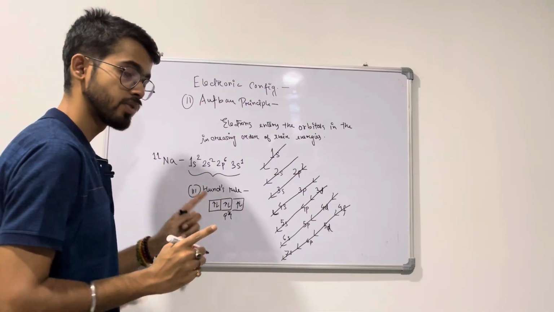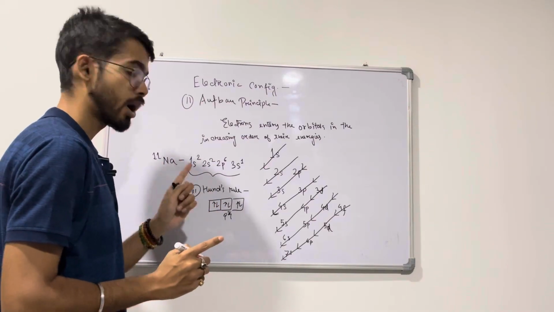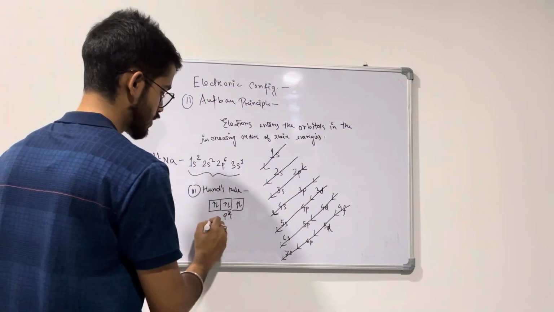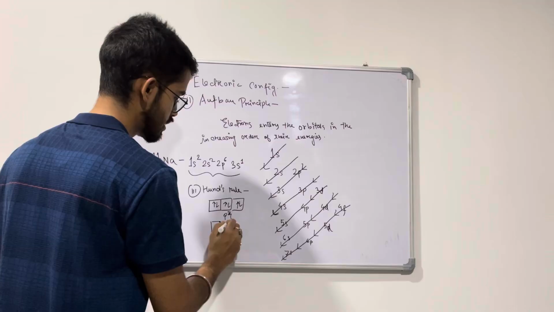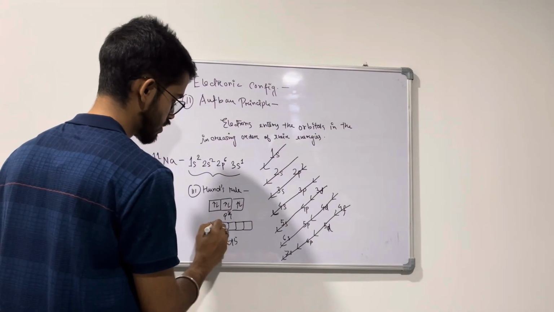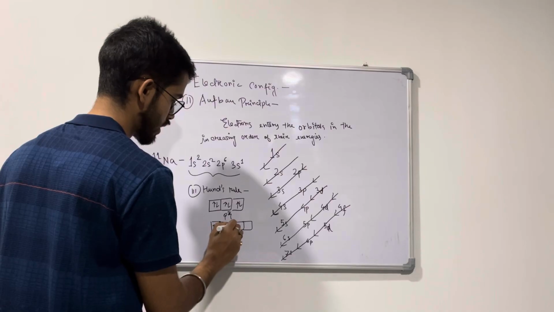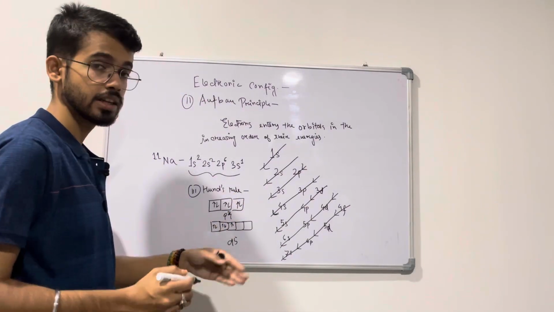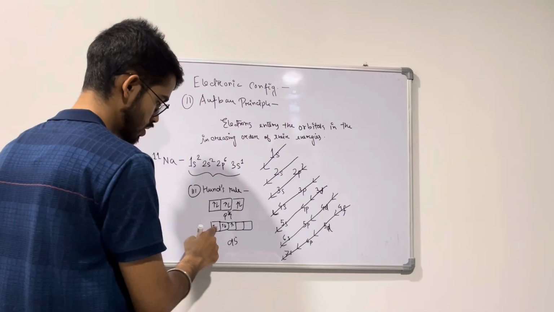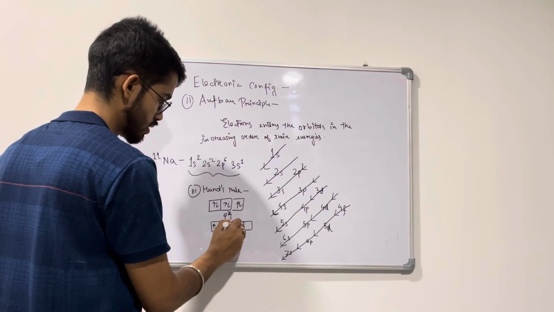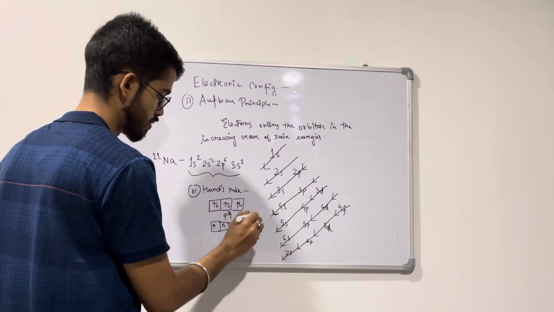First, every orbital should be half filled, one electron each. Then it will be paired. Similarly, for d, say first d5, you cannot fill 1, 2, 3, 4, 5 in the same orbitals because the others will be vacant and this will create imbalance. So you have to fill it one by one, 1, 2, 3, 4, 5 in this way.